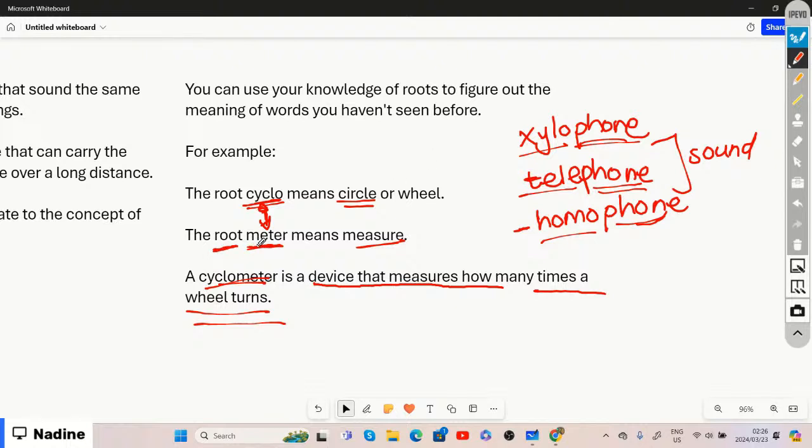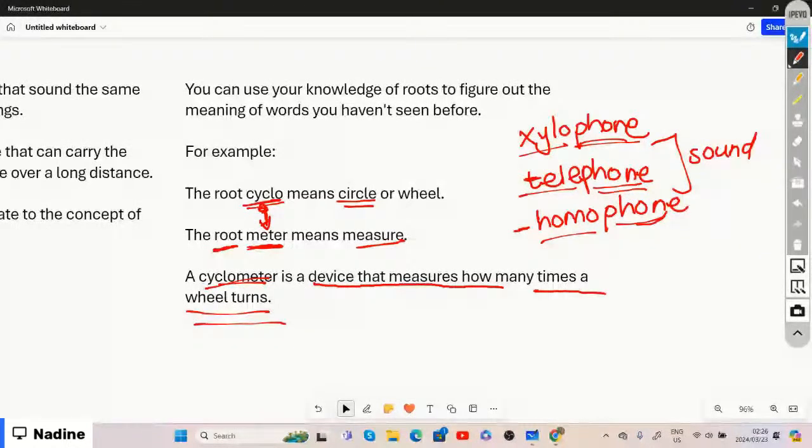Whatever other words have the root meter in them will have a similar meaning to do with measurements. So the root word is the part of the word that carries that meaning. Whether it is different words, if they have the root word in them, they will have similar meanings based on the root word.